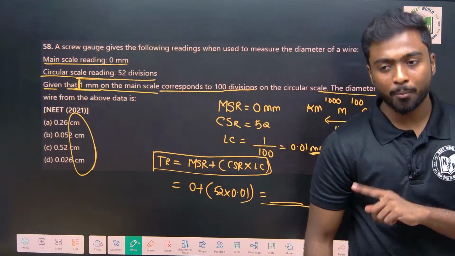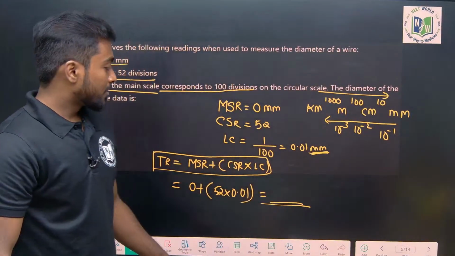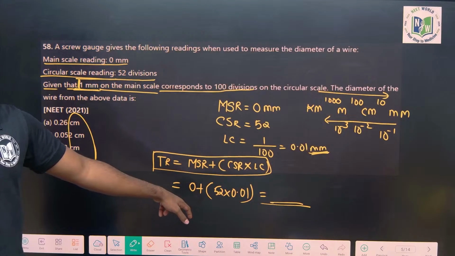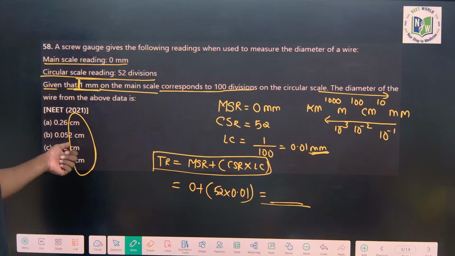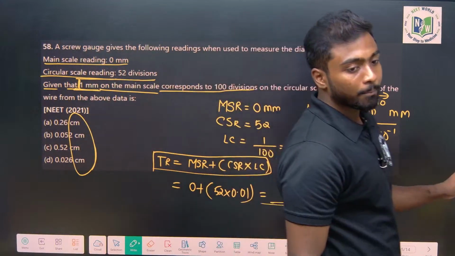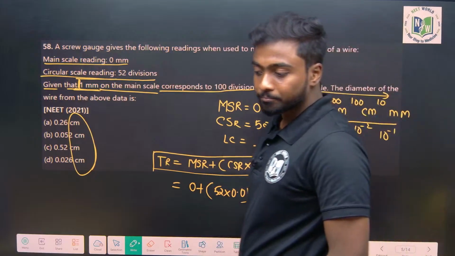Do the calculation properly. If you make a mistake, it will go. See, this is 0.52, 52. This one 0.052. 0.52 millimeter, 10 power minus 2. Do it properly.